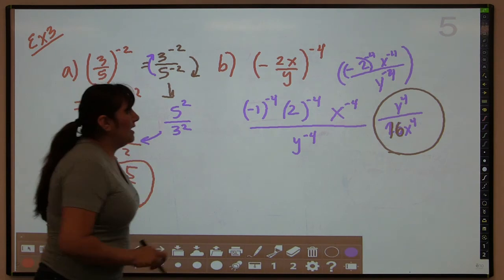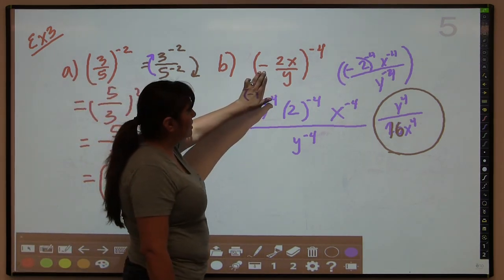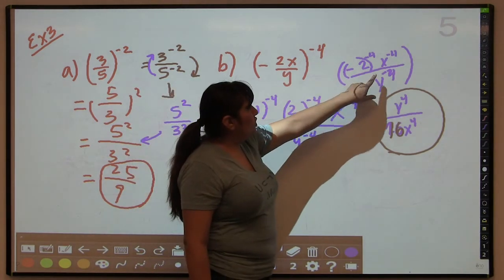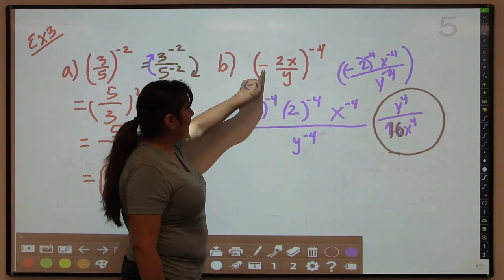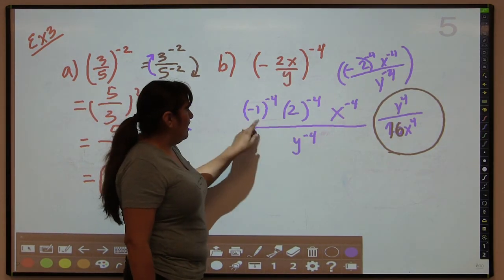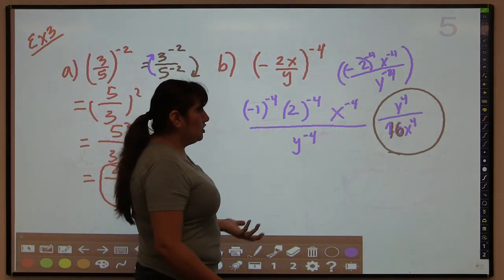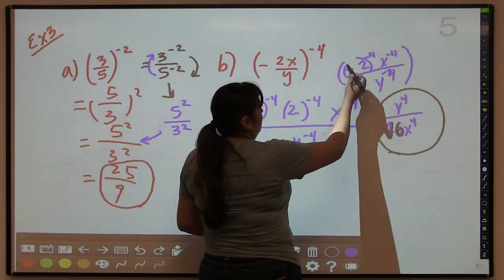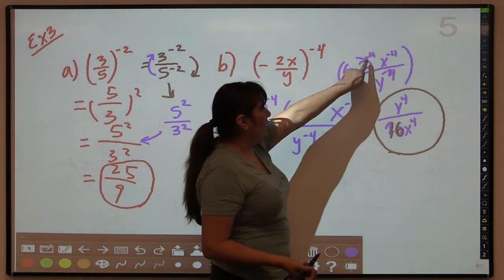Okay? But again, I will show you what I was doing here. He was asking about the whole negative situation. So I asked him to put the negative 2 in parentheses. If you don't do that, then you have to treat it like a negative 1, a 2, an x, and a y. So this is one option, to put everything with negative 4. Or you can do what I was telling him to do, which is put the negative 2 together in the negative 4 here.